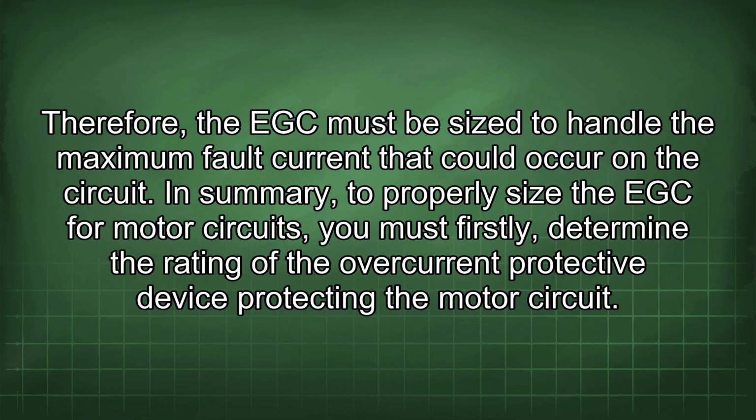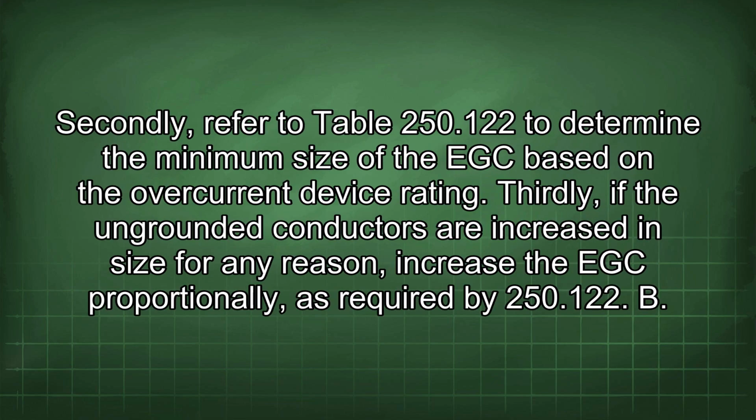In summary, to properly size the EGC for motor circuits, you must firstly determine the rating of the overcurrent protective device protecting the motor circuit. Secondly, refer to Table 250.122 to determine the minimum size of the EGC based on the overcurrent device rating. Thirdly, if the ungrounded conductors are increased in size for any reason, increase the EGC proportionally, as required by 250.122.